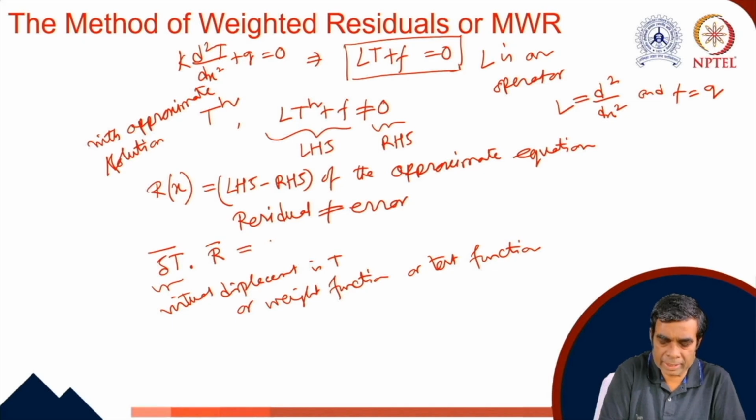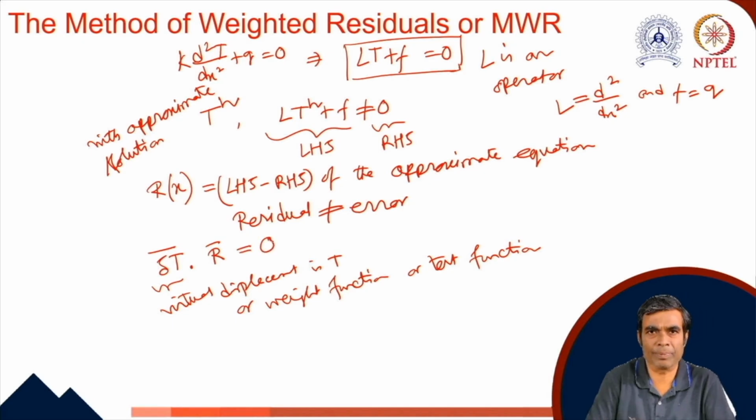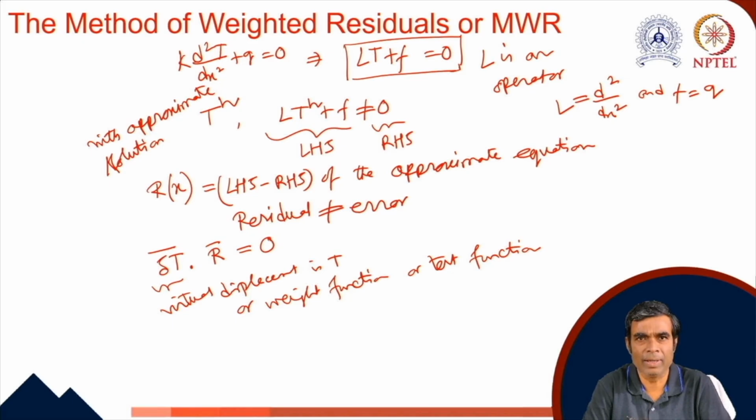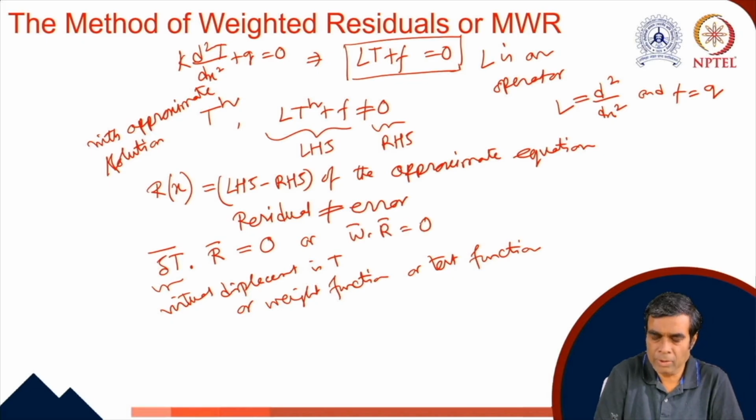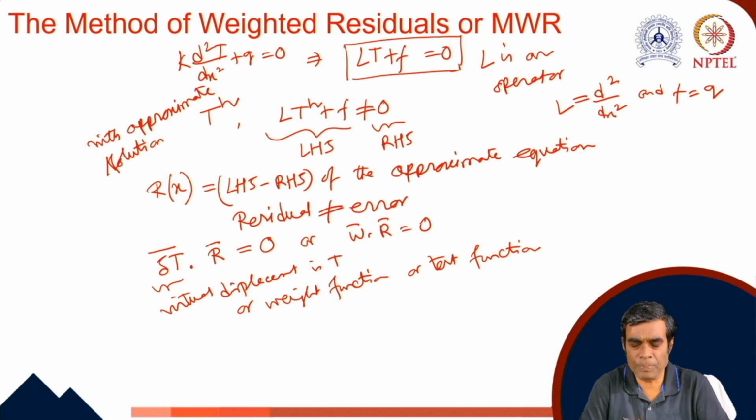For a vector capital R bar and the virtual displacement delta T bar, if the work done is equal to 0, then we say that R bar and delta T are orthogonal, or we can say that the weight function and residual are orthogonal to each other, or there is no work done by the residual force.